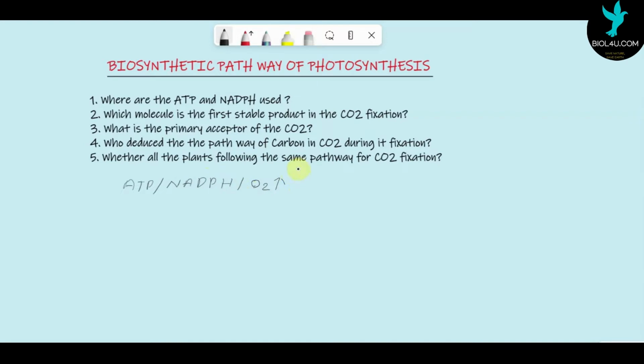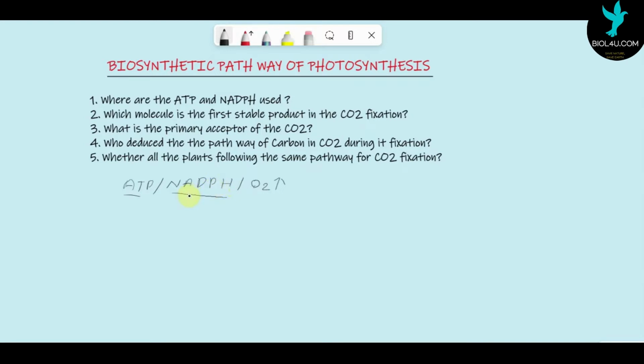Carbon dioxide is taken inside and oxygen is released out, but ATP and NADPH are not released. They are retained and later used for the biosynthetic pathway. That is the relation between the light reaction and the biosynthetic pathway: whatever product is produced in the light reaction is utilized for the biosynthetic phase.